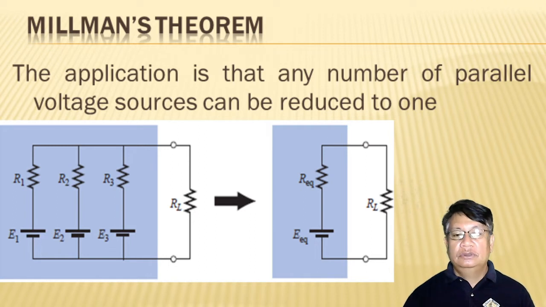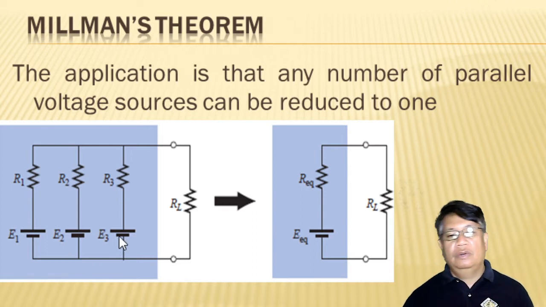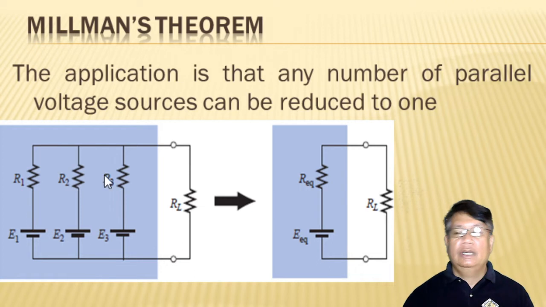As you can see here in our circuit, we have three voltage sources, E sub 1, E sub 2, and E sub 3, with the respective internal resistances R1, R2, and R3.